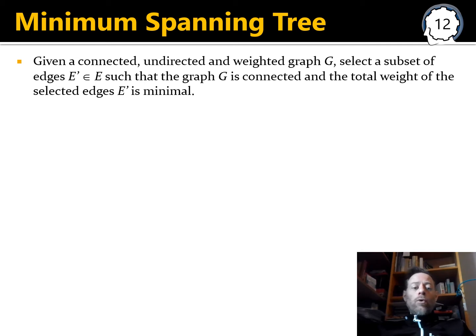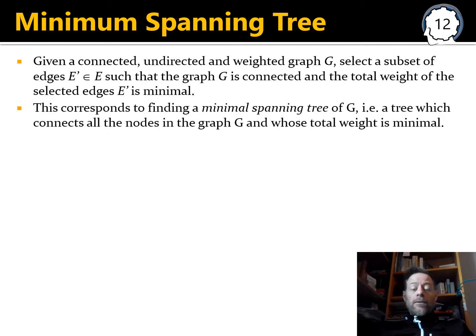You have all the nodes that you want to connect, and you have the distances between every pair of nodes. Now you want to determine the shortest total length of cable that you need to connect every node in this graph. And that's the minimum spanning tree. And again, this is an extremely useful method that's used in many other problems as well.